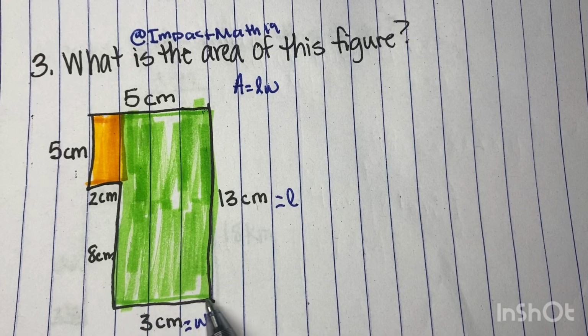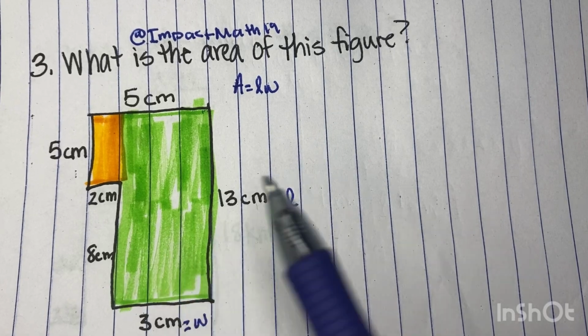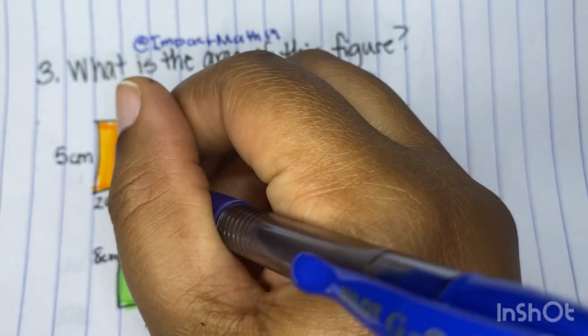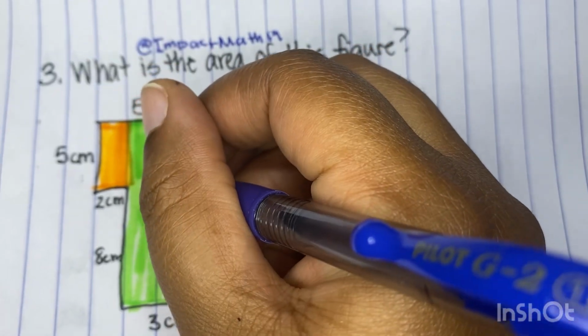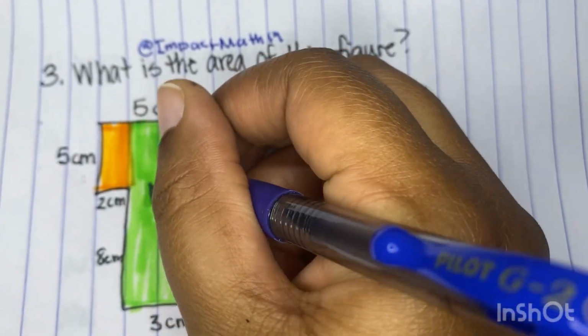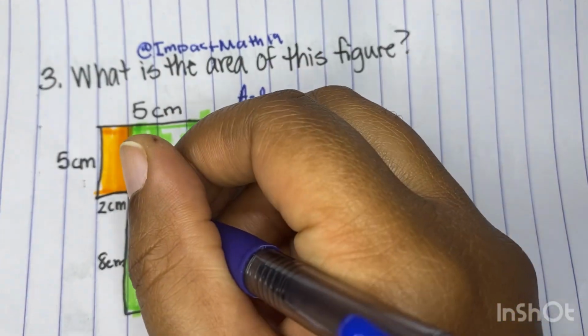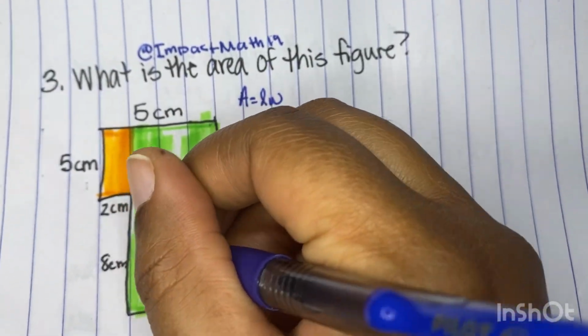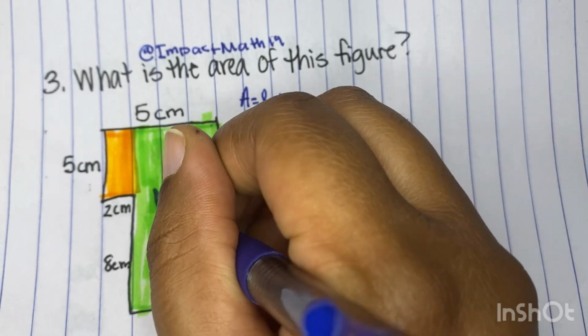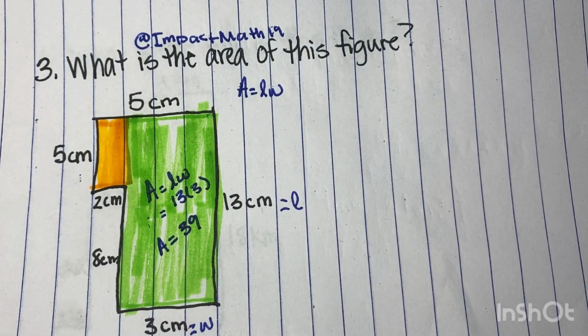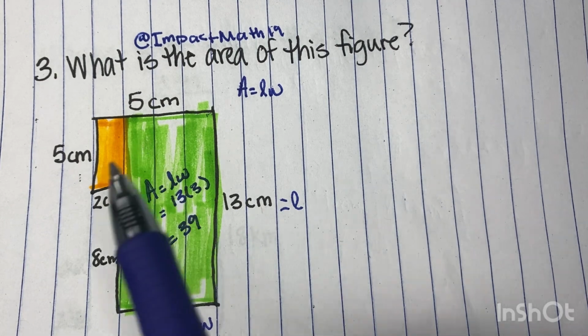So we can only use the width for the green. So then we would do area equals length times width, which is 13 times 3. And that's going to give us 39. Okay.